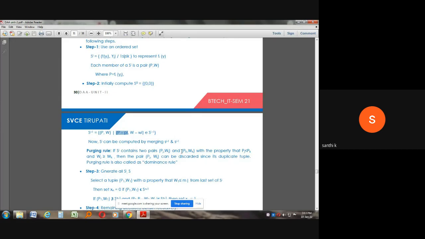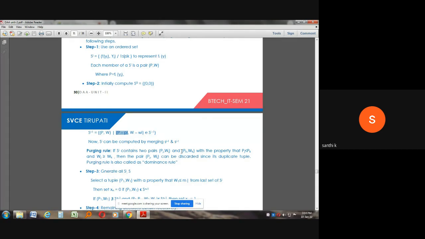What that rule says is, if we have two ordered pairs, let them be pj comma wj and pk comma wk, and these two ordered pairs have the property that pj is less than or equal to pk and at the same time wj is greater than or equal to wk, then we have to remove the pair pj comma wj from the set.